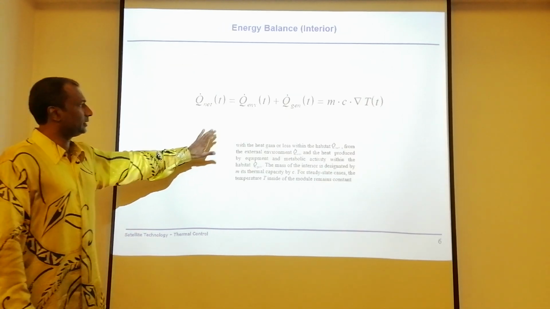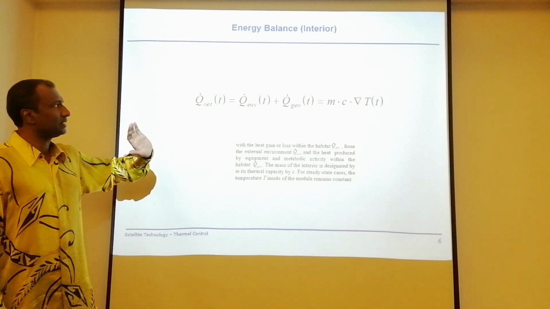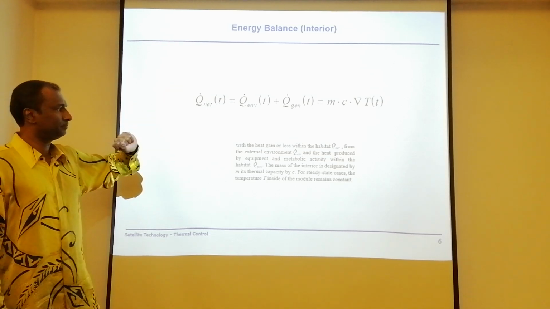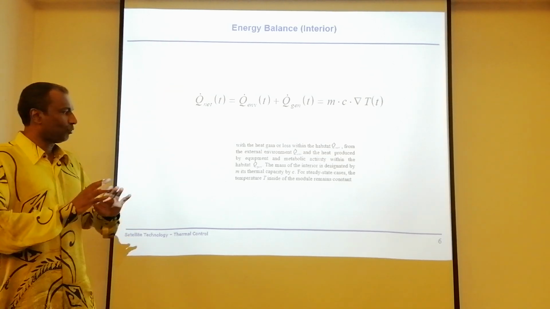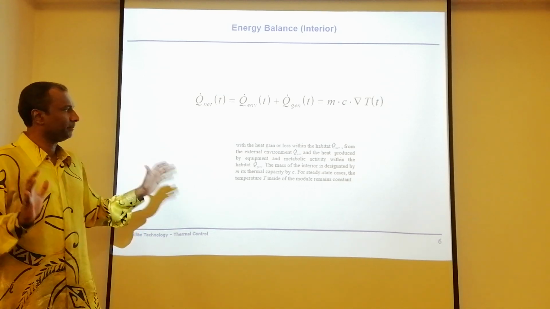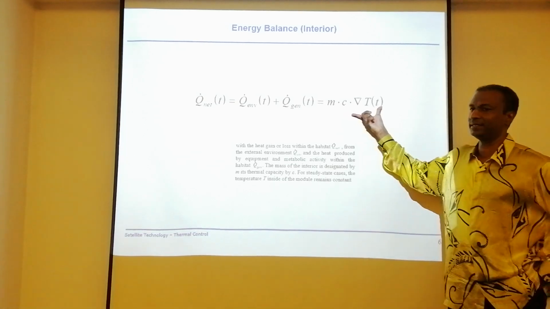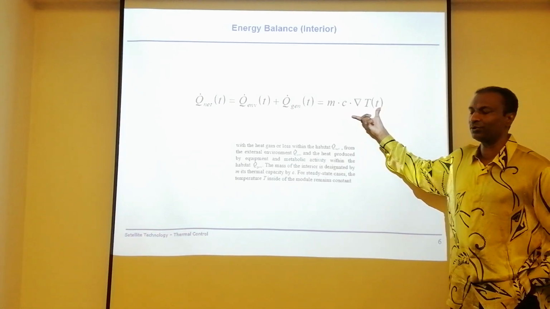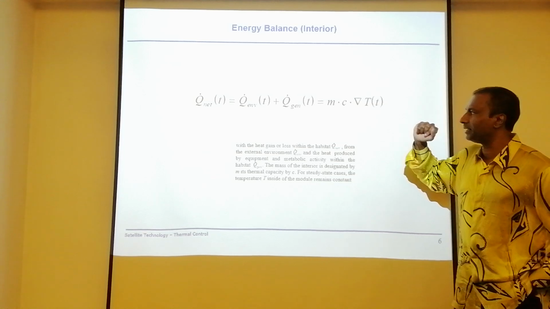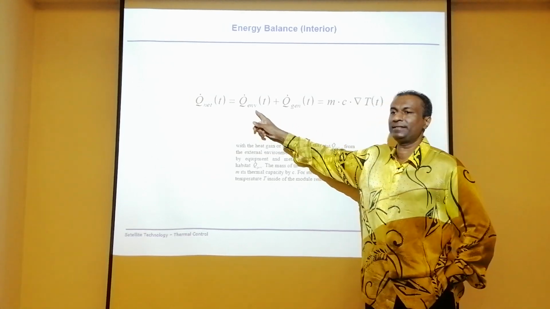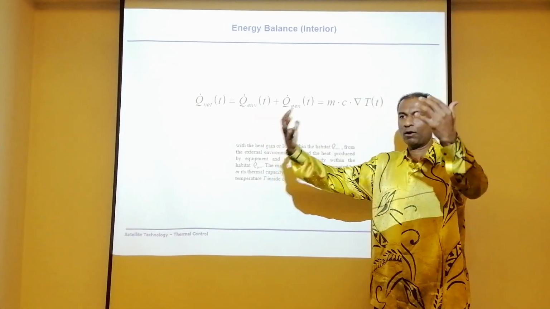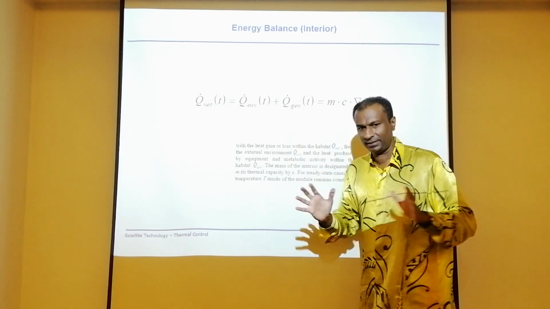Right. Now, what exactly it is, you must understand there's an energy balance. No matter what we speak, the actual heat, the net heat, how you are going to calculate it, is nothing but the heat which comes from outside. Now imagine this is a satellite.